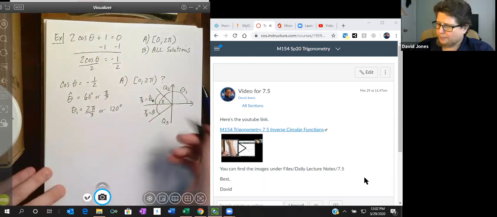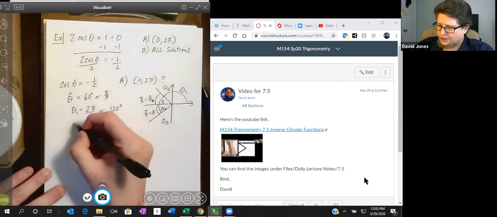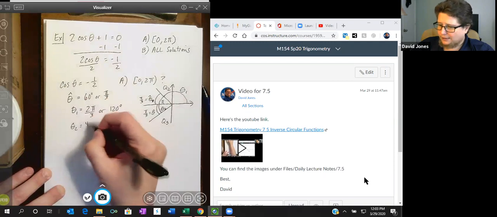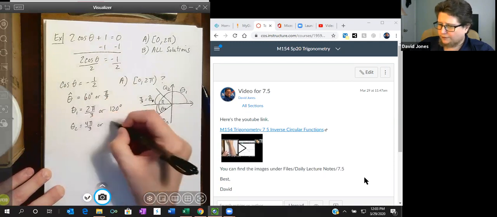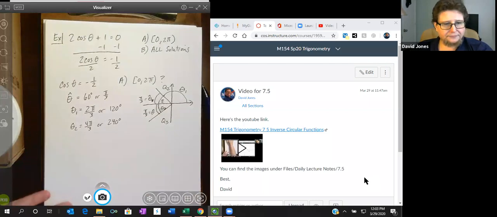And when I add pi over 3, if I go all the way around to this one, we'll call that theta 2. Theta 2 is now 4 pi over 3, or 240 degrees. That answered A.